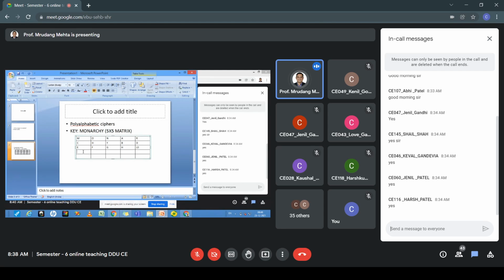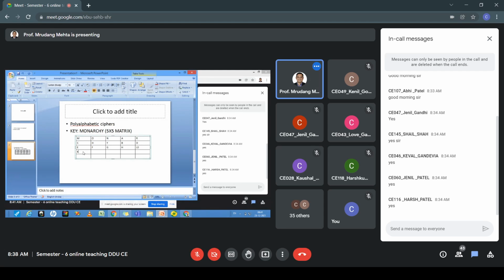Because there are 25 elements and total characters from A to Z are 26, one element has to be used for two characters. So I and J are usually taken as the same, right?